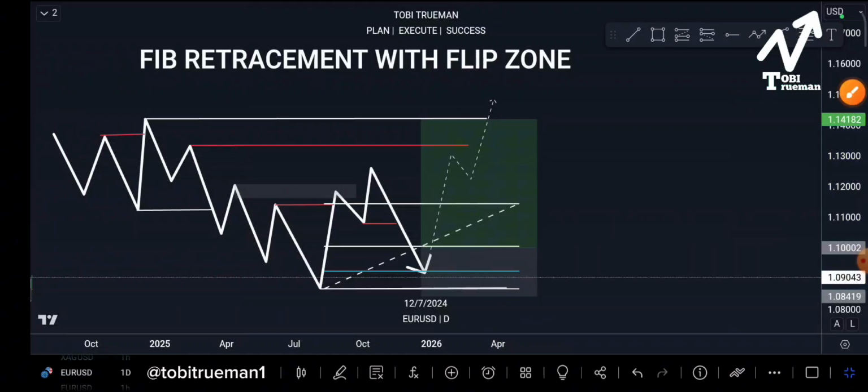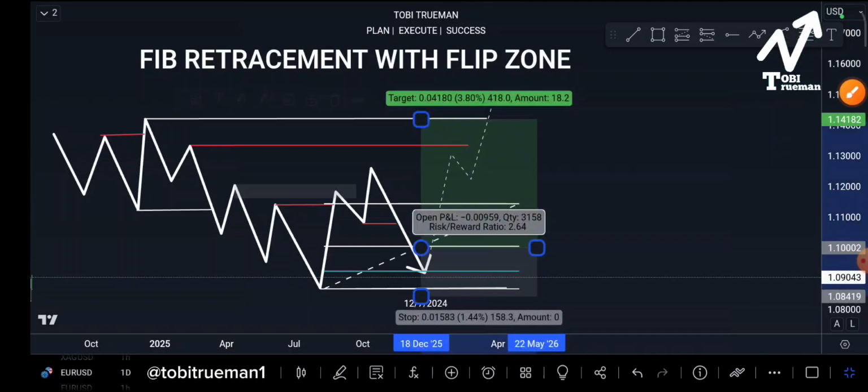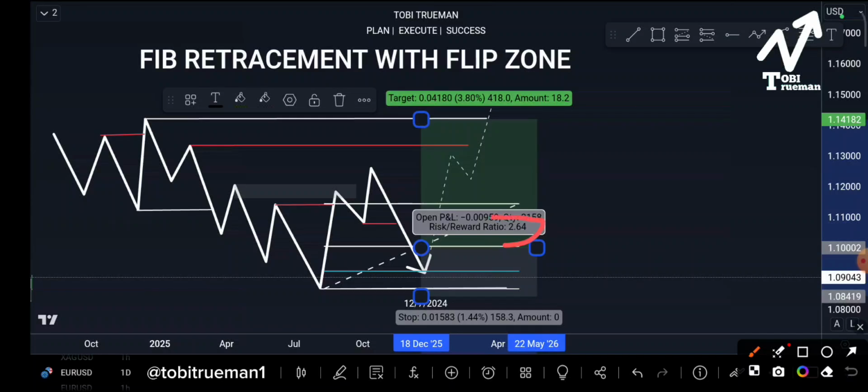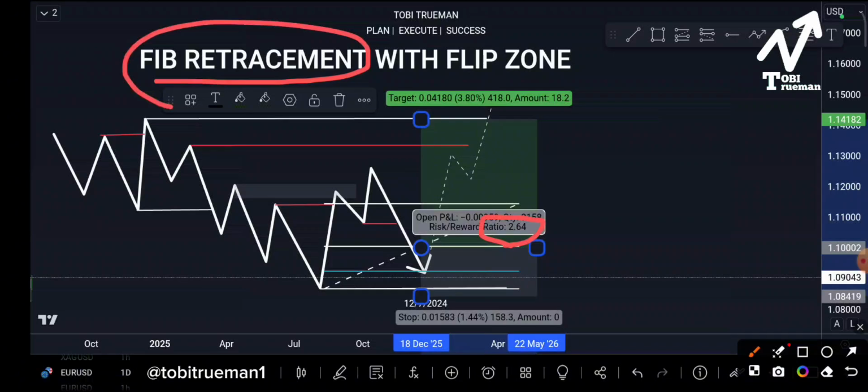So with this, instead of having 1.5 as our risk to reward, you see our risk to reward has now increased to 2.6 by using this Fibonacci retracement tool. Where we mostly use this is when there is no other block after price has taken out the additional order block.